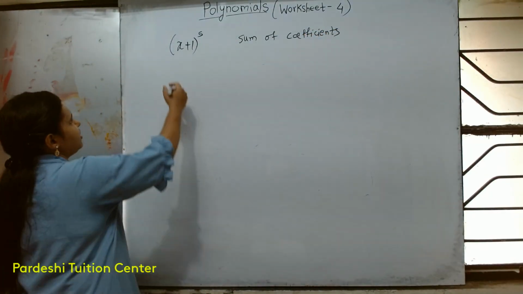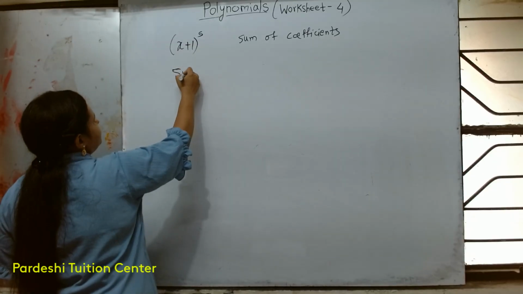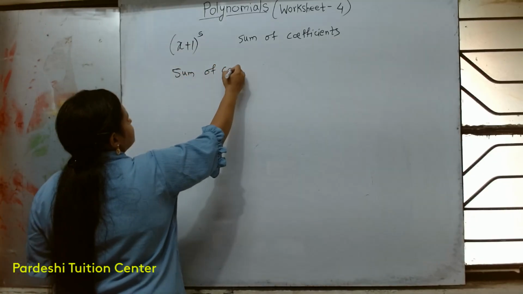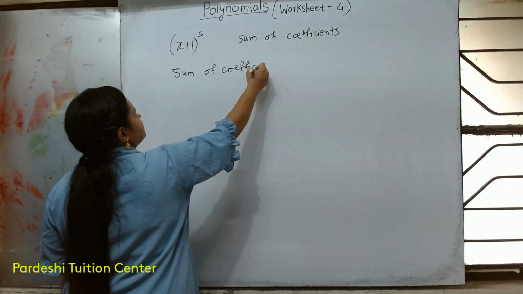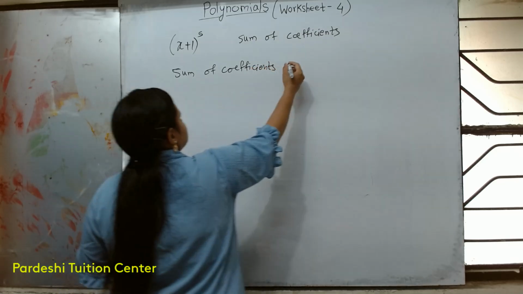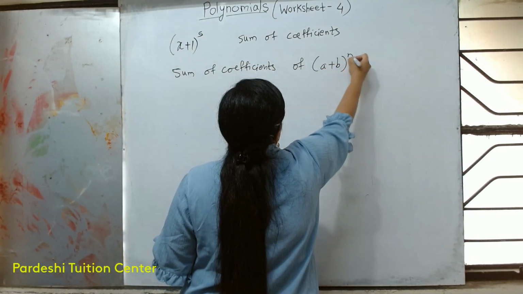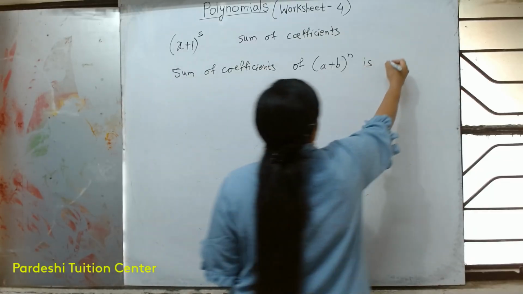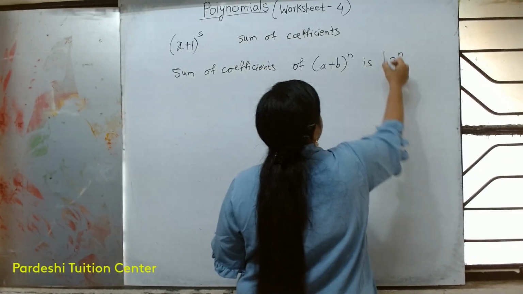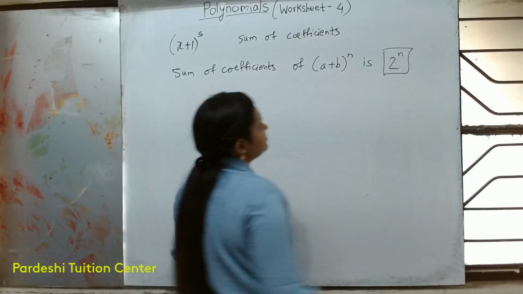There is a formula. Sum of coefficients of a plus b to the power n is 2 to the power n. This is the formula. Okay.